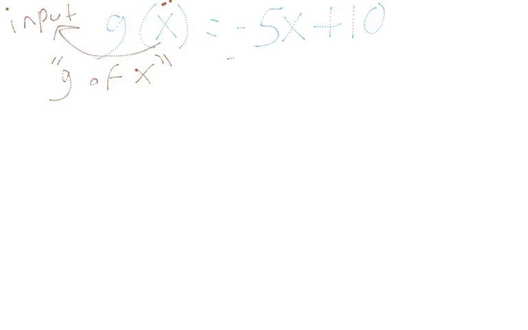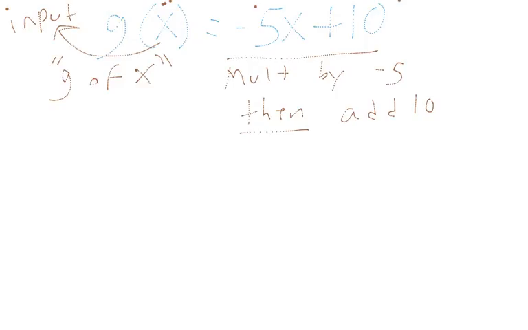So I basically plug in x, and what happens is I multiply it by -5, then, key word here, then I add 10, because again, order of operations: multiply, then add. So let's look at a few examples. If I, for example, wanted, and I'll change colors, f of -2, well, that would just get me 20.